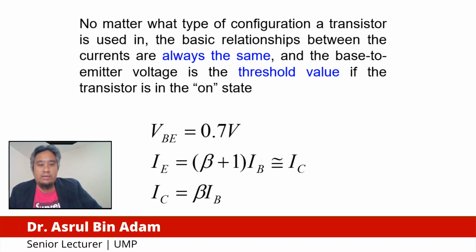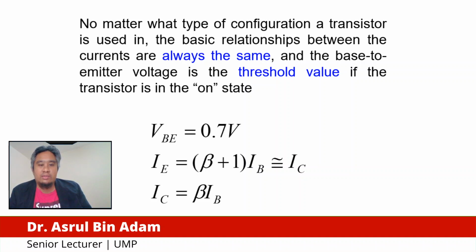And then we have IE, the current through the emitter, equal to (beta plus 1) IB, and we can assume that IE is equal to IC directly.